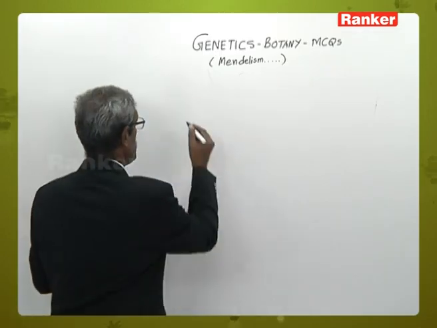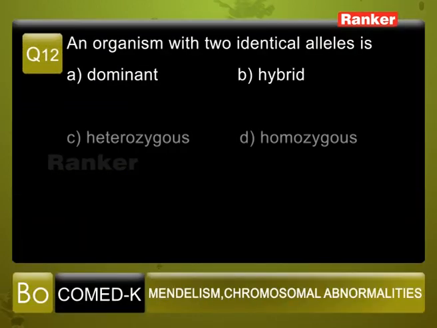Next, we go to the 12th question. The 12th question says an organism with two identical alleles is predominantly termed as either a dominant, hybrid, heterozygous or homozygous. So, the 12th question, the answer is homozygous.